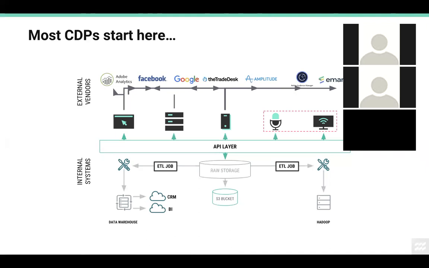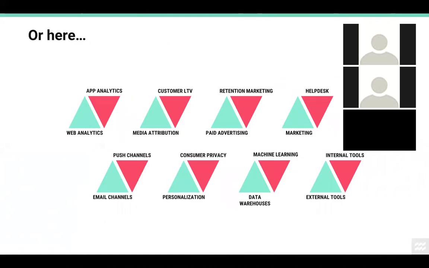CDPs certainly do solve a technology problem, but they're much more than that, and we think the focus should be squarely on the customer before the technology. Another reason that a lot of people start to think about CDPs is as a solution to a data problem, and the data problem could look something like this.